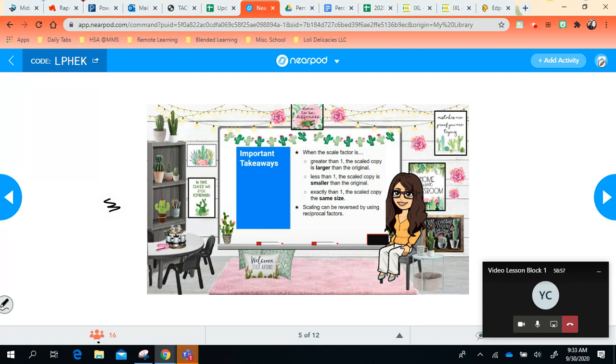So just like the numbers were smaller yesterday, today when we look at our figures, if our scale factor is higher than 1, our new image is going to be bigger. If our scale factor is smaller than 1, so anything that's like 0.99 and smaller, the new drawing will be smaller.